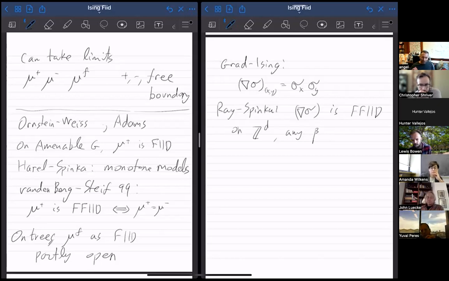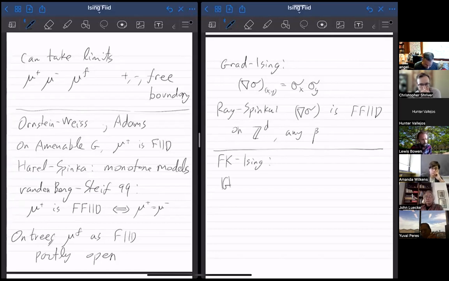And now moving to the Lupo-Ising and the FK Ising, which are two closely related models. I start with the FK Ising, where the relation to Ising is fairly straightforward. Again, on a finite graph, you can define it.